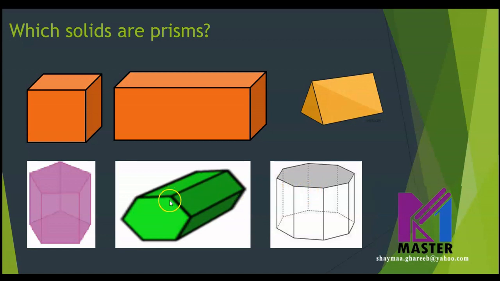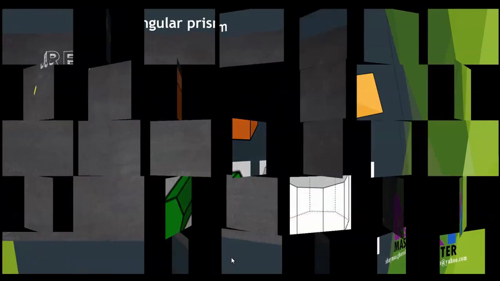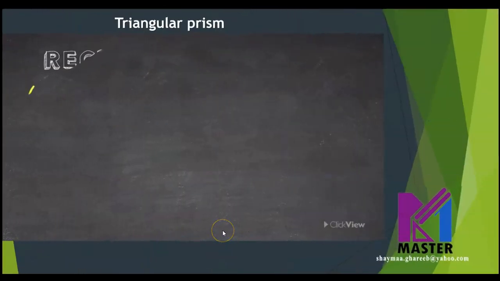And as you can see, we name them according to the cross section of each one. We talked before about the cube and the cuboid in previous videos.